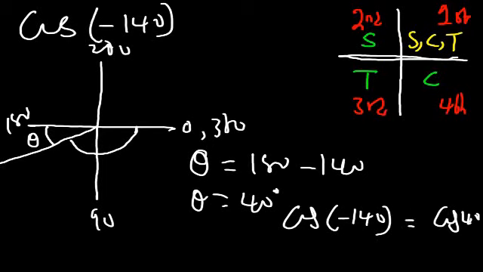Should it be cosine 40 or negative cosine 40? That will depend on the sign of the cosine function in the quadrant that theta falls into. Theta falls into the second quadrant, and in the second quadrant, cosine is expected to be negative. So therefore, it's going to be negative cosine 40.